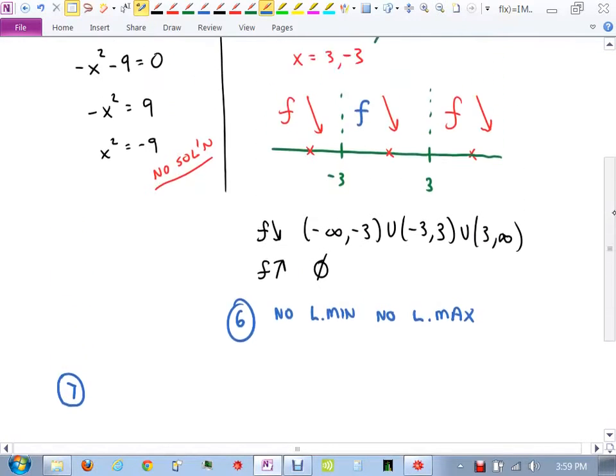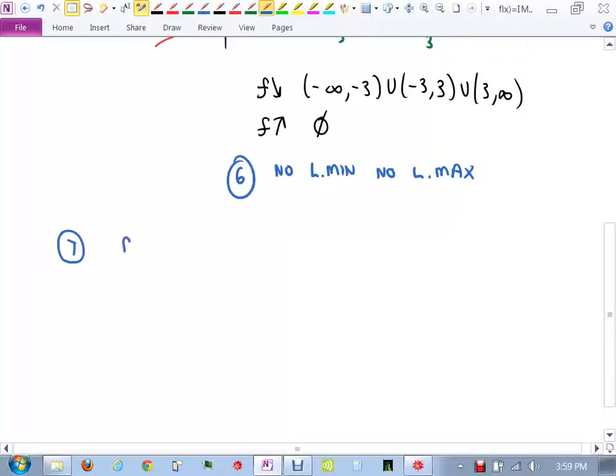What do you need for this then? You need the second derivative. So let me put the derivative back up here. It was negative x squared minus 9 over x squared plus 9 squared.